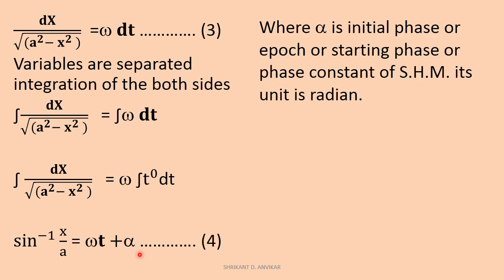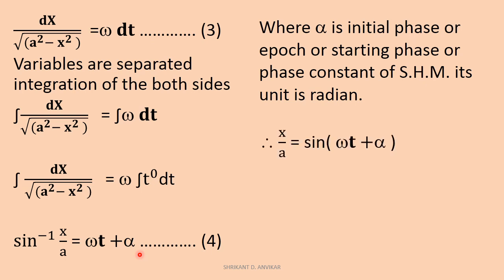Alpha is known as initial phase, phase constant, starting phase, as well as epoch of SHM. The unit of alpha is radian.